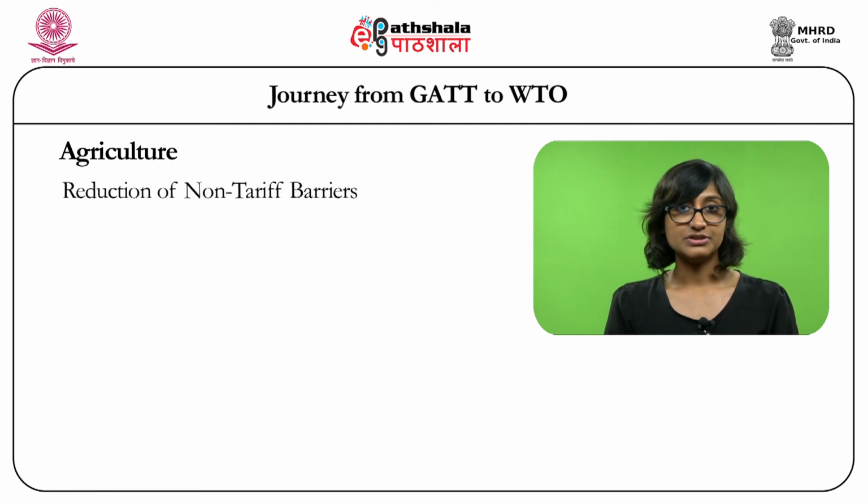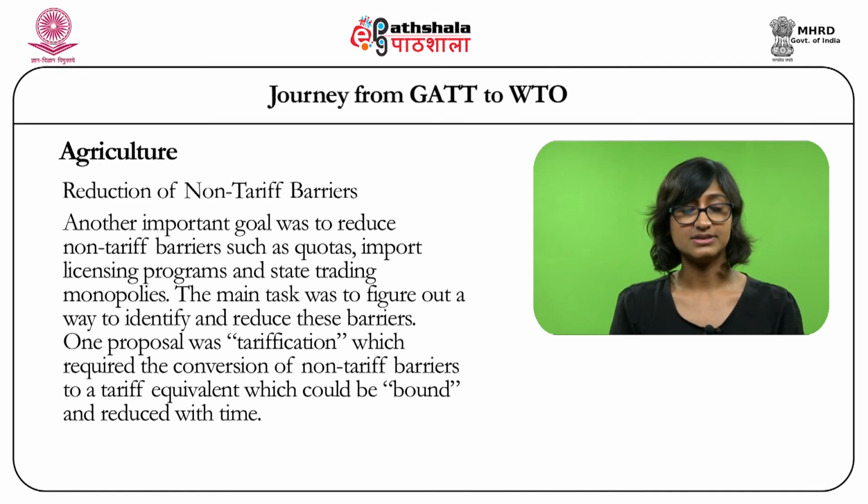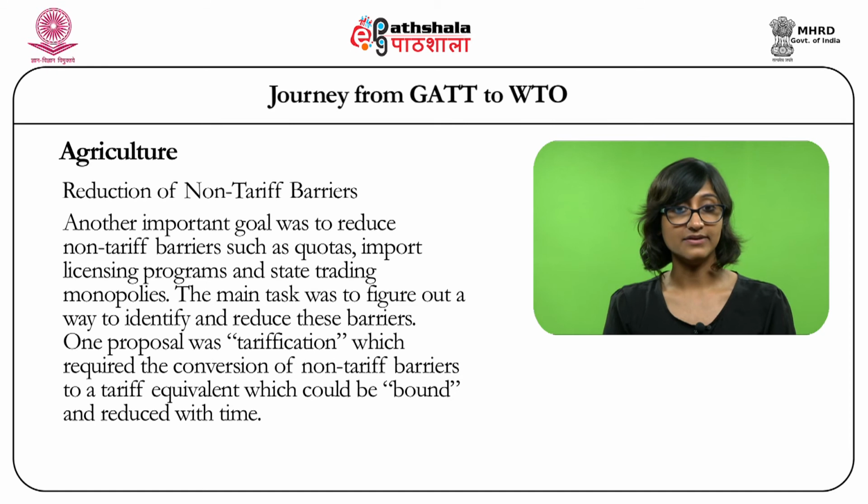With regard to the reduction of non-tariff barriers, the important areas which were covered under this were the reduction of quotas, import licensing programs, and state trading monopolies. The main task was to figure out a way to identify and reduce these barriers.